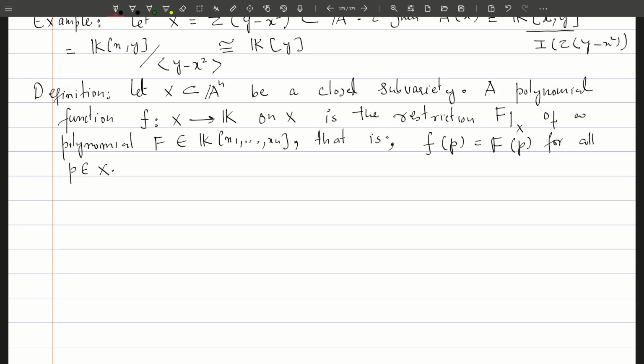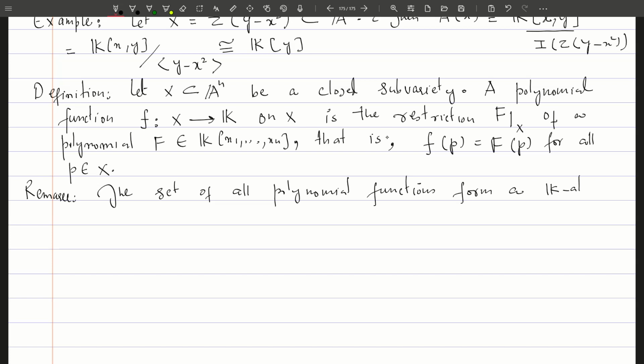We also remark here that the set of all polynomial functions forms a K-algebra under pointwise addition and multiplication.